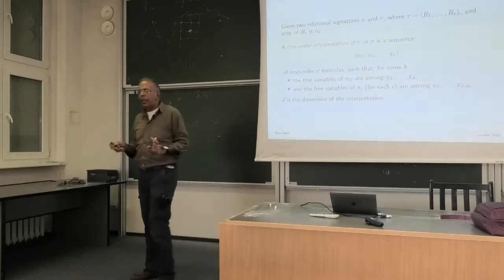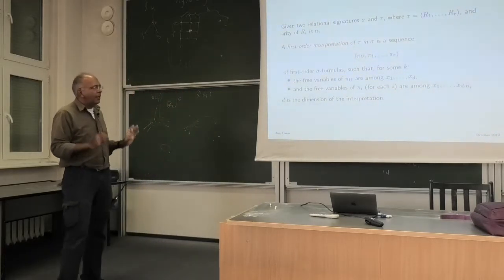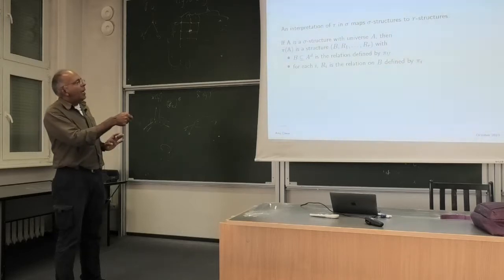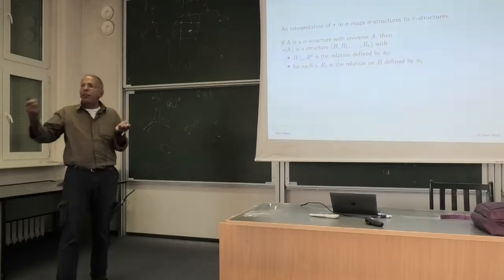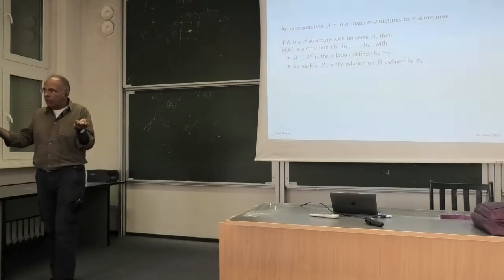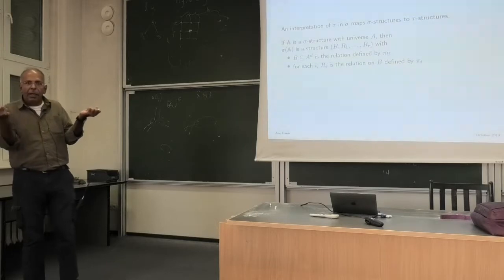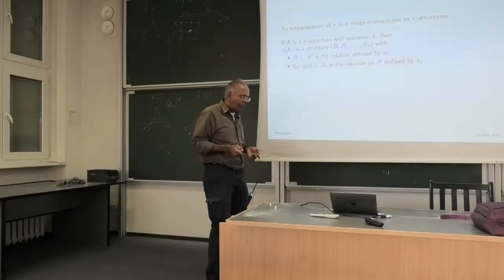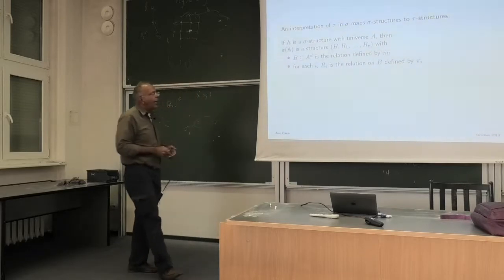What is this supposed to mean? This is just a piece of syntax, a collection of formulas. The idea is that an interpretation of tau in sigma takes sigma structures to tau structures. It's a way of defining a function using formulas, rather than just defining classes of structures.